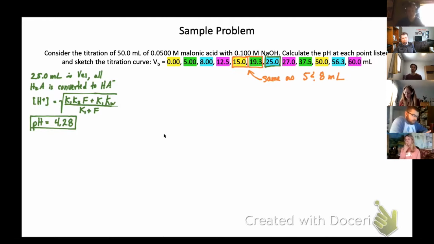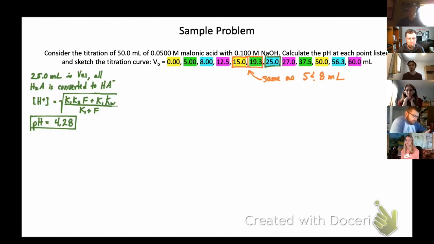So for 27 mils, it's basically the same thing as what you guys just described for 15 and for 5 and 8. The thing that we messed up on, however, is that because you've passed an equivalence point at 25, you have to kind of pretend like you now only have 2 milliliters instead of actually having 27 milliliters.